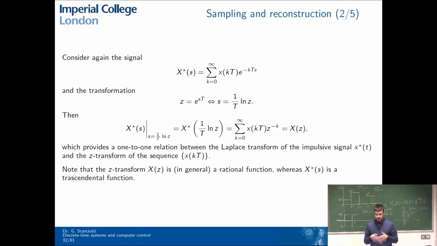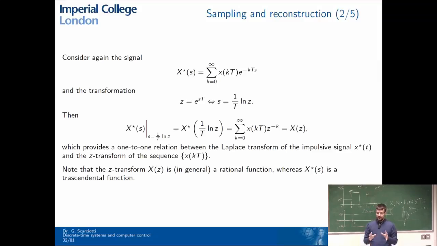And we know that we can deal with it very easily. We can implement it at the computer. We can compute the inverse transform using partial fractions or the inversion integral. If instead we have to deal with X star of S that is transcendental, then things become much more complicated. So there is an advantage in replacing X star of S with X of Z.